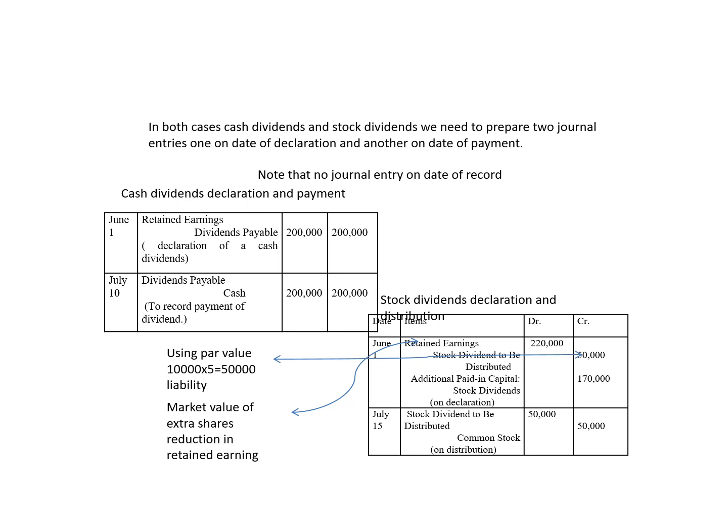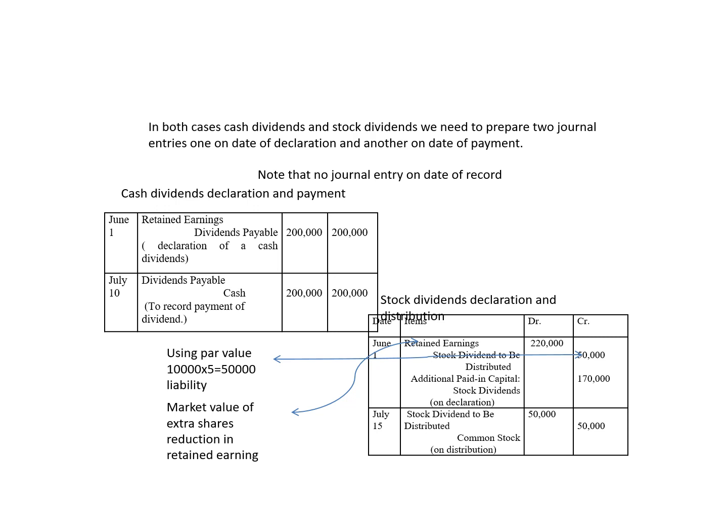In case of stock dividends, we also have 2 journal entries, one on date of declaration and the other on date of payment. On date of declaration, retained earnings is debited by the market value of the shares, which is the market price, 22, times 10,000, the extra shares, only the extra shares. So 22 LE multiplied by 10,000 shares.